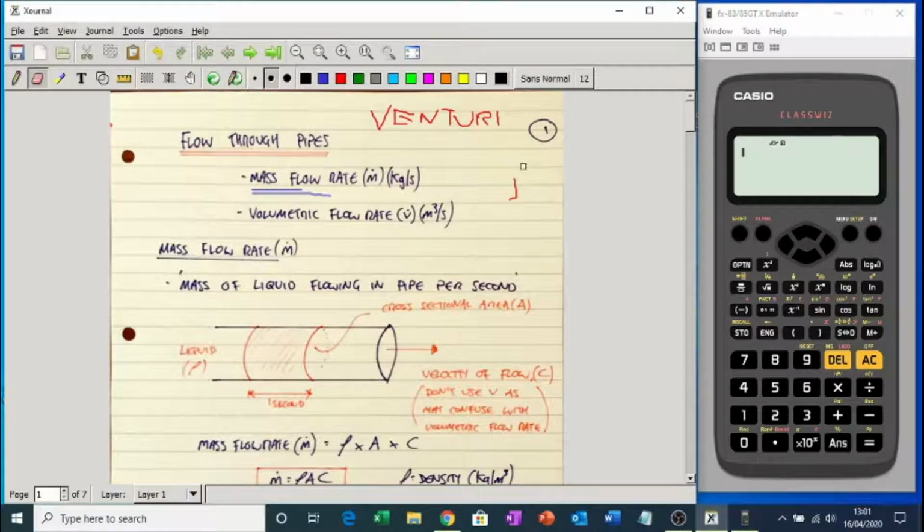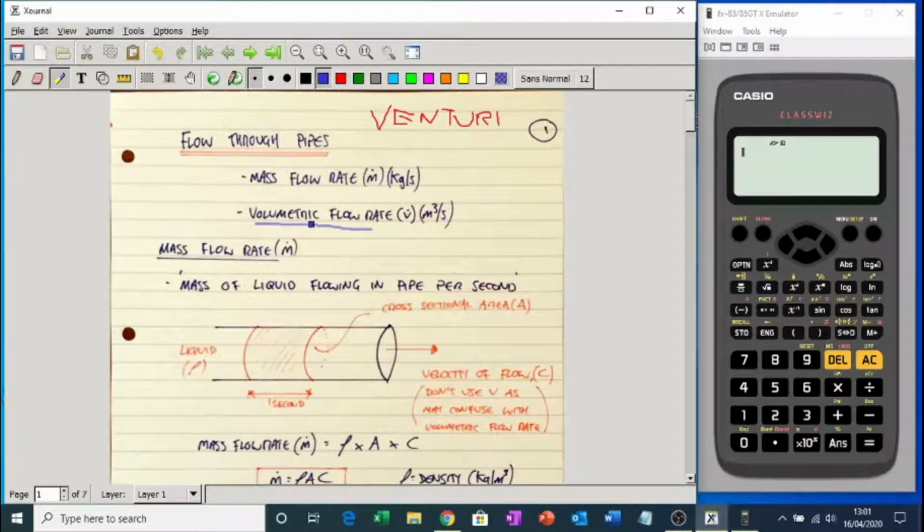And the same thing with volumetric flow rate. Volumetric flow rate is just the volume, cubic meters per second. So it's how much volume of water, volume of oil, volume of honey, volume of milk per second. So volume is measured in cubic meters and time is in seconds.